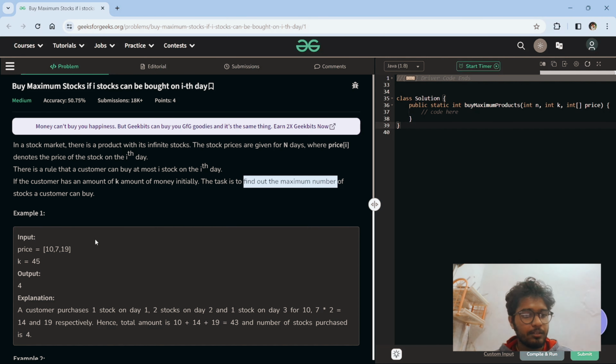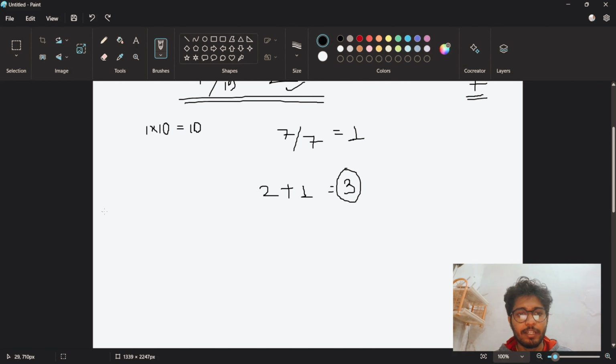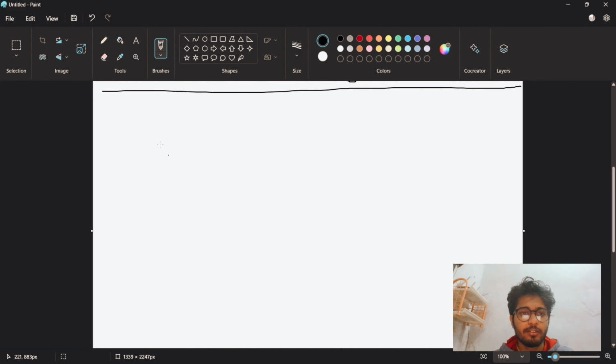So if we see, this is not our solution because the question clearly says we have to return the maximum number of stocks. For this we have to use the greedy approach. In the greedy approach, at the beginning we will sort our array based on the given prices. We have sorted this array based on the prices, but we have to maintain the order of the days.